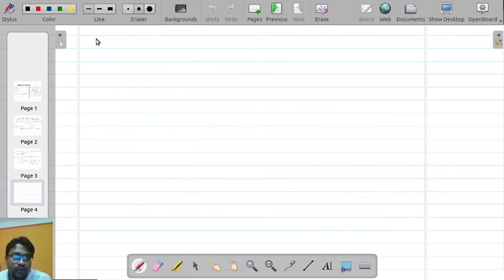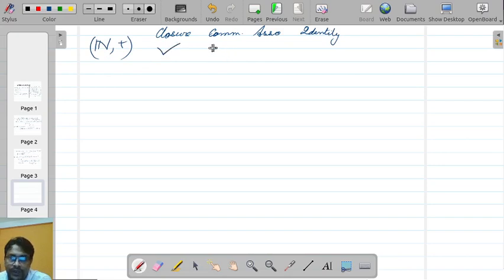So let me list the properties: closure property, then commutative property, associative property, then existence of identity, the additive identity. In N, with respect to addition, closure, commutative and associative properties are satisfied, but the identity property is not satisfied.